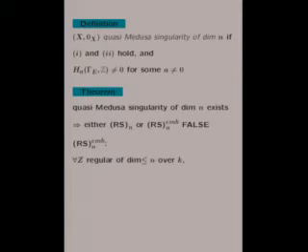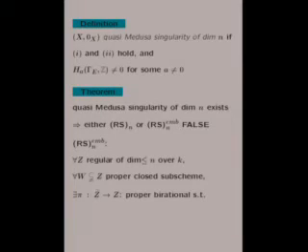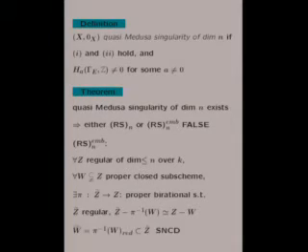Here embedded resolution of singularity means: for any regular scheme of dimension less than or equal to n and any proper closed subscheme W, you can resolve the singularities in such a way that the total inverse image of W becomes a simple normal crossing divisor. This is the so-called embedded resolution of singularity. So this weaker condition, the existence of quasi-Medusa singularities, disproves resolution of singularity in some sense.